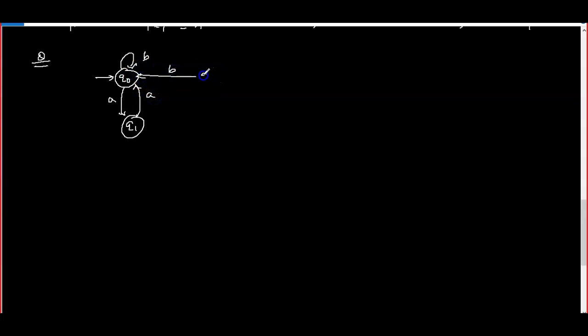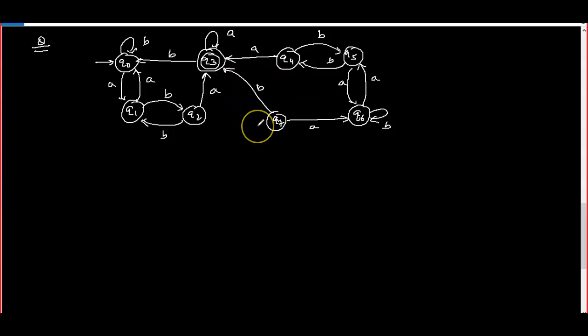This is B, Q3. This is the final state also. Q4. So this is the question given. We have to minimize this state automaton of this transition. You have to do the minimization actually.